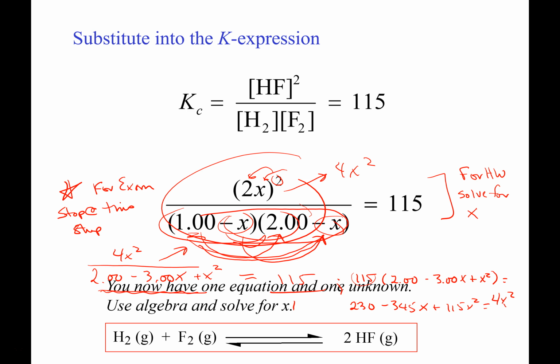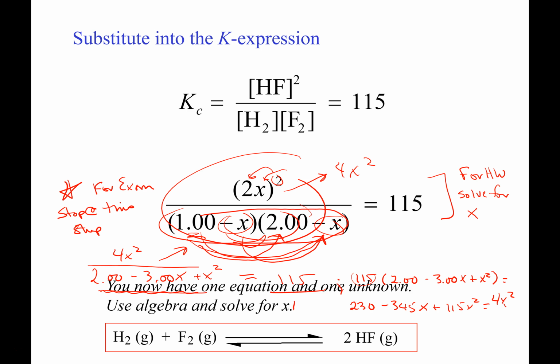What's that 4x squared there? I'm trying to get it into a format where I have 0 on the right side of my equation. So I'm almost there. I'm going to take this 4x squared, find the term it matches with, and subtract 4x squared from both sides to get 0 over there.